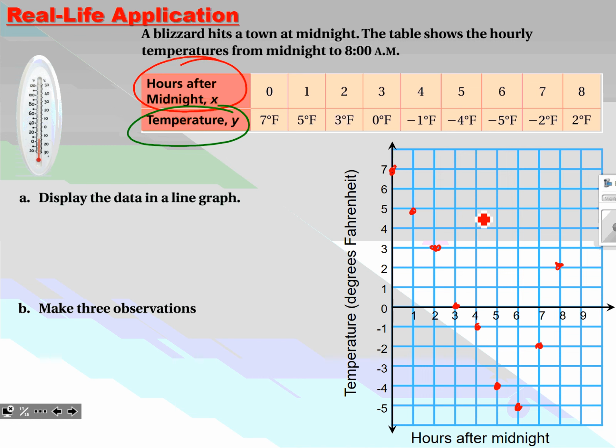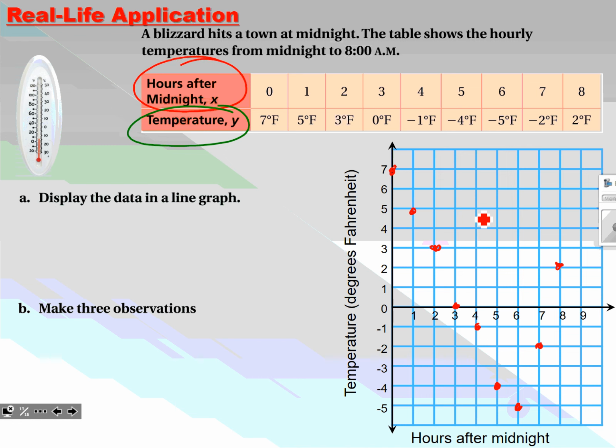Make 3 observations. So remember, 0 on the x-axis means midnight. I would say one observation is it gets colder after midnight.